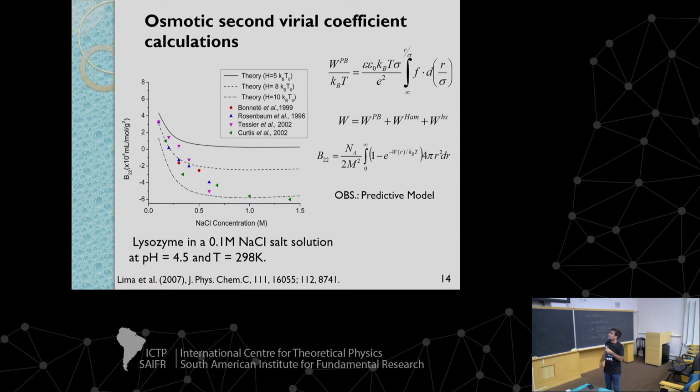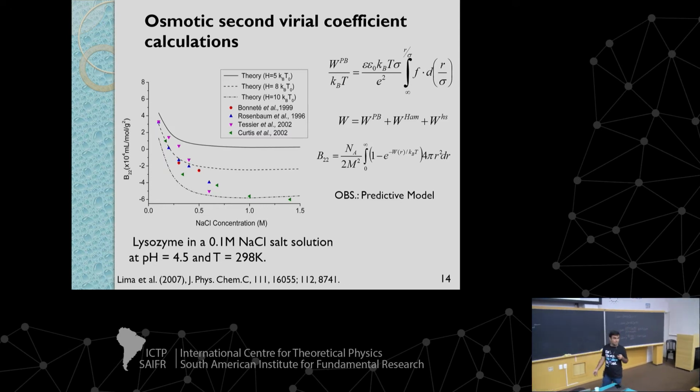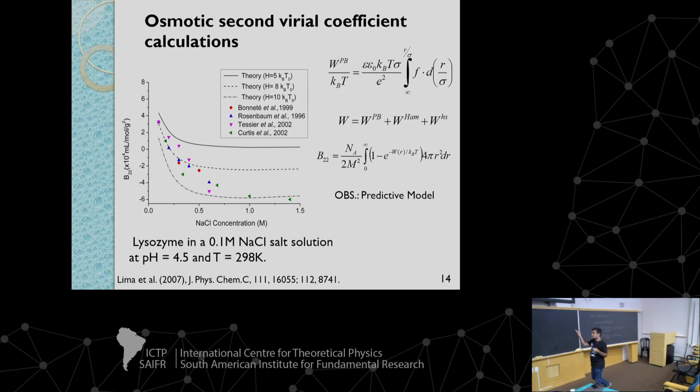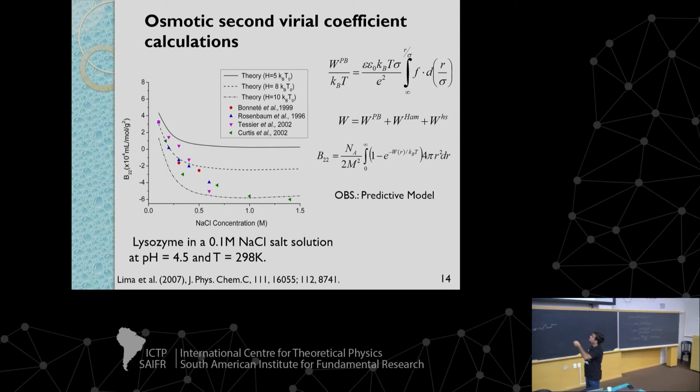We were not expecting that it should work above 0.5 molar, because what we have here is a modified Poisson-Boltzmann theory, but modified only by considering the dispersion interaction between ions and interface, not considering, for example, ion size or ion correlation, okay? So when we increase concentration, this theory is not valid anymore. So that's why it doesn't work in this region.